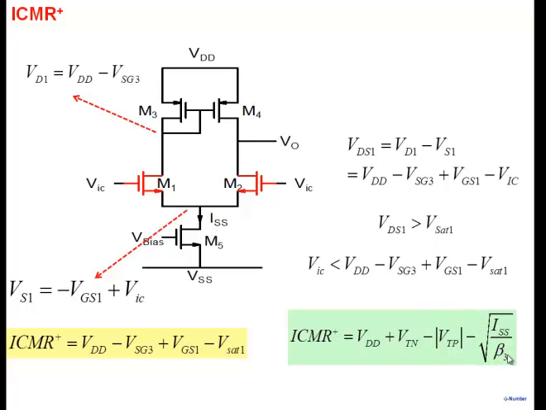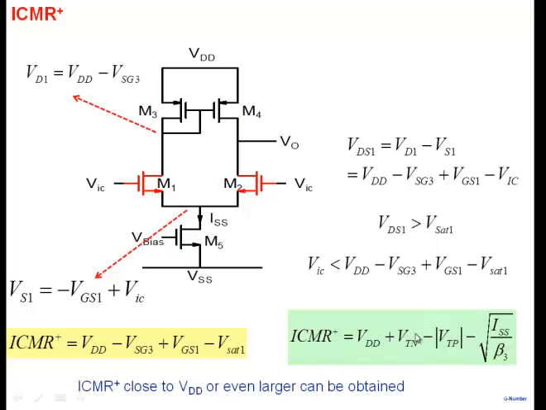Okay, so ISS by beta. So that's your VSG3, and VGS1 is basically VT plus VSAT. Note that VGS of this particular transistor will be equal to VT plus VSAT, and the VSAT terms cancel each other. So that's why you get VT. Okay, so this is the expression for ICMR plus.